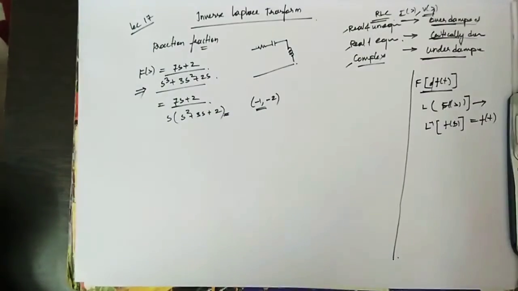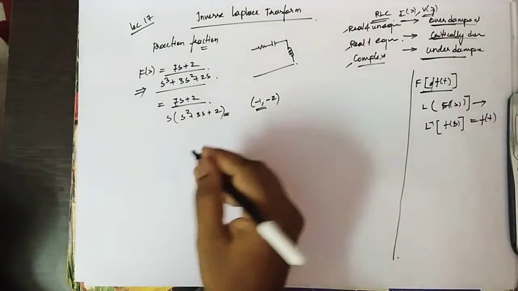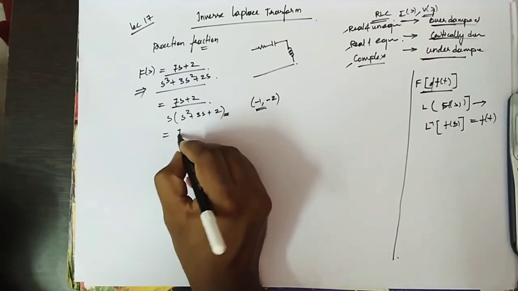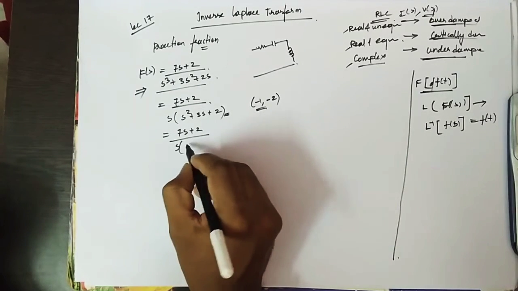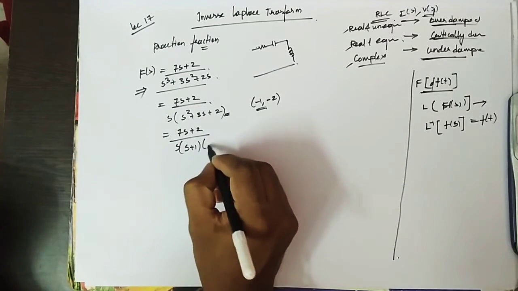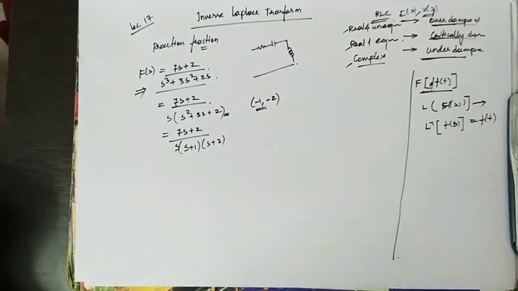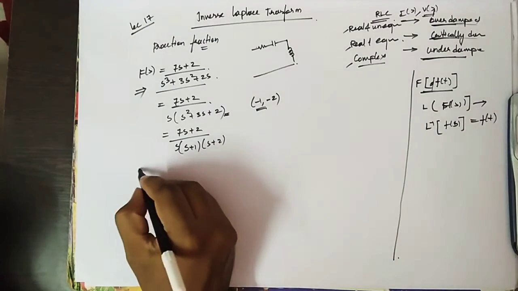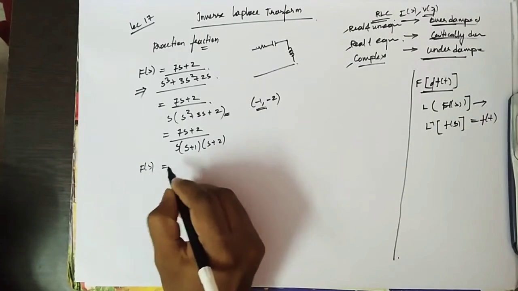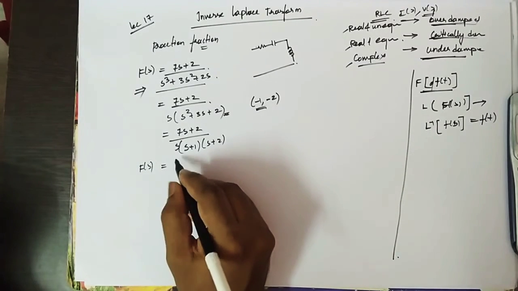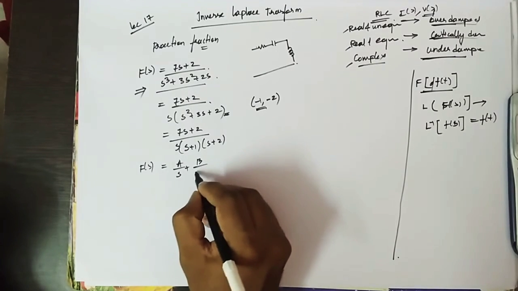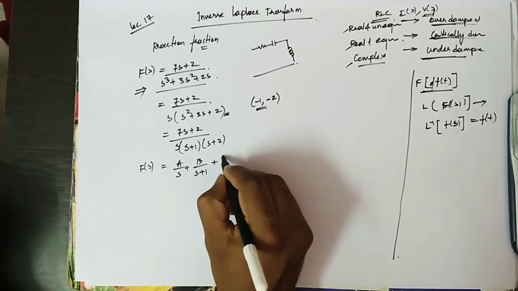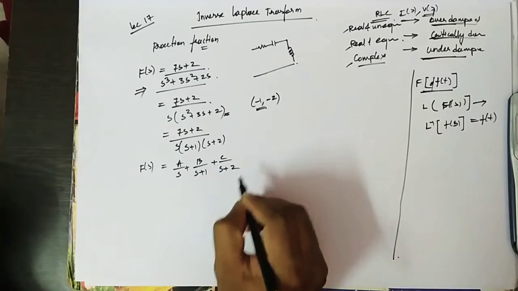For these real and unequal roots, f of s is (7s plus 2) by s into (s plus 1) into (s plus 2). By applying partial fractions, f of s equals A by s plus B by (s plus 1) plus C by (s plus 2).